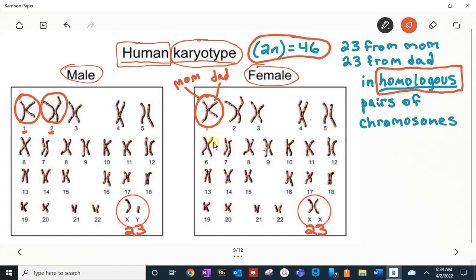So in the karyotype, each of these pairs is one chromosome from mom and one chromosome from dad. So in chromosome number 2, this is mom's chromosome number 2, dad's chromosome number 2, and so on and so forth, all the way up through a total of 23 chromosomes.